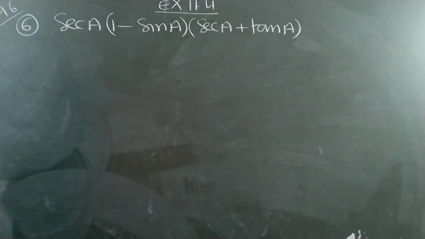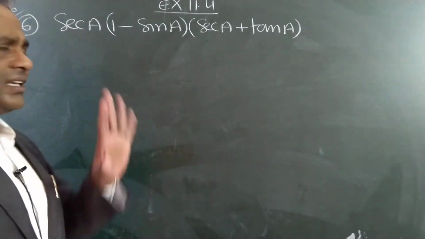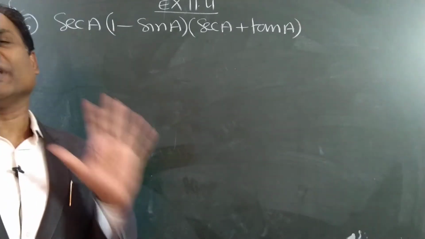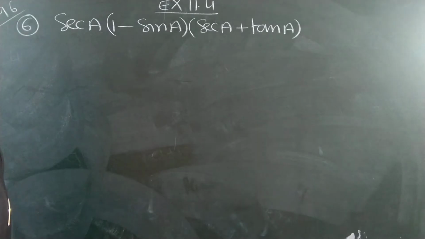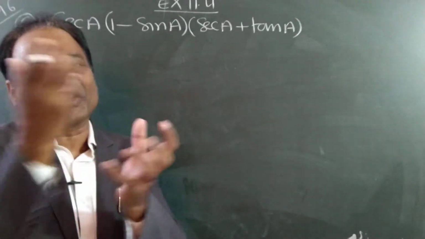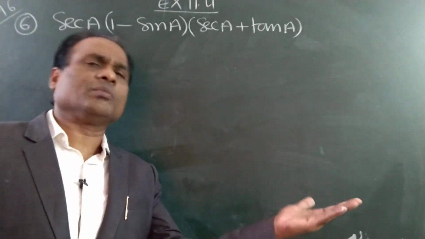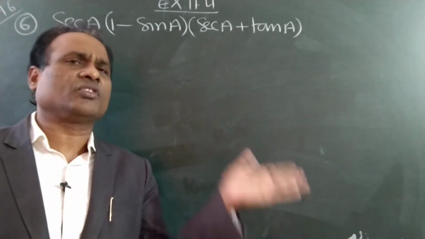See here. Simplify. There are various methods to solve this type of problems because there are so many relations between the trigonometric ratios. Tan can be changed into cot, or tan can be changed into sin and cos, sin can be changed into cos.